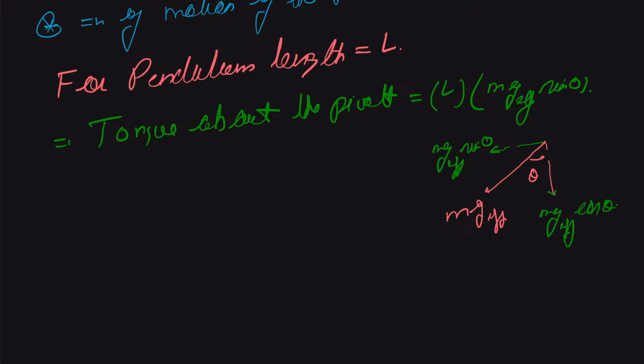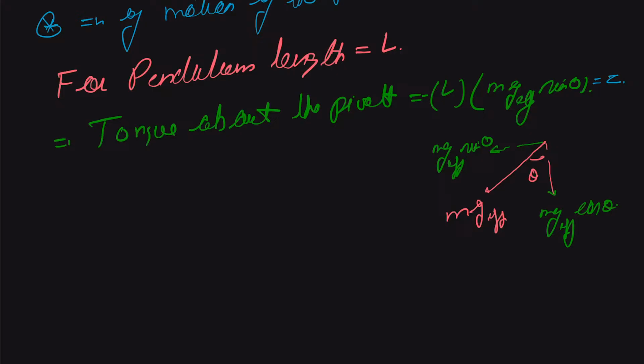And the torque will be restoring, so we put a negative sign. This theta is small, so we can put sine of theta equal to theta. This is the equation of the torque, tau.